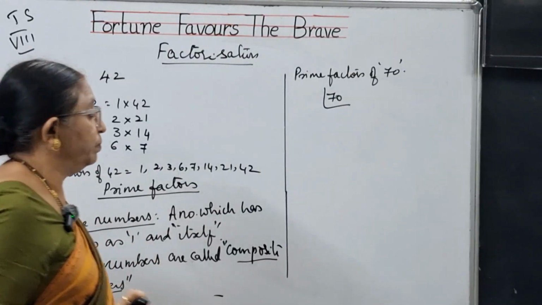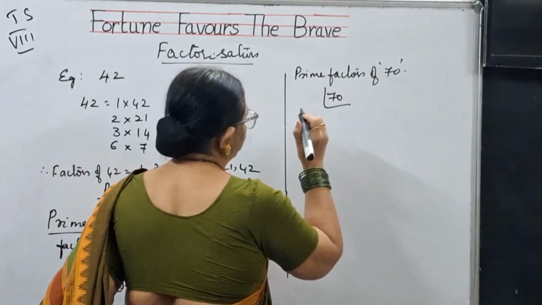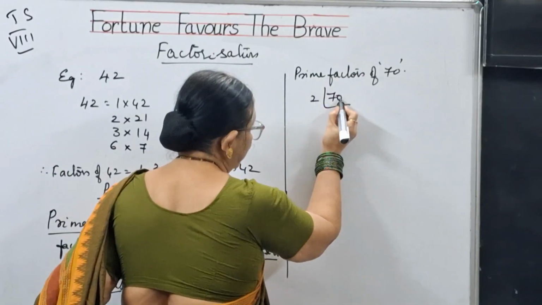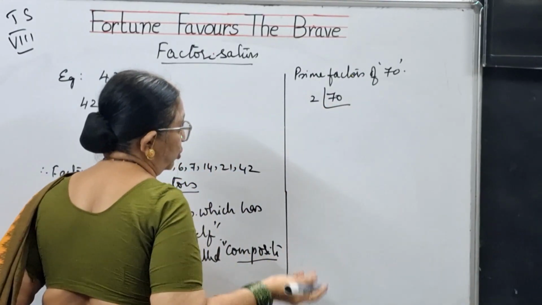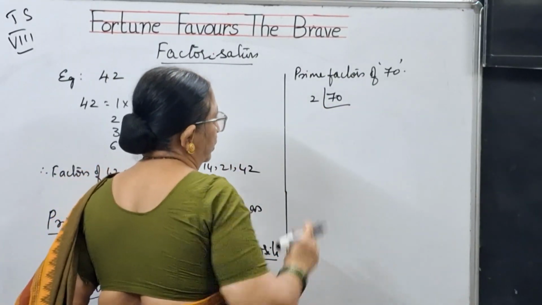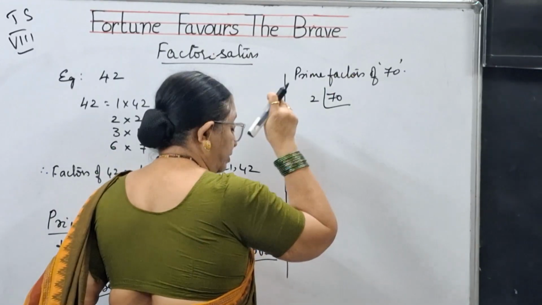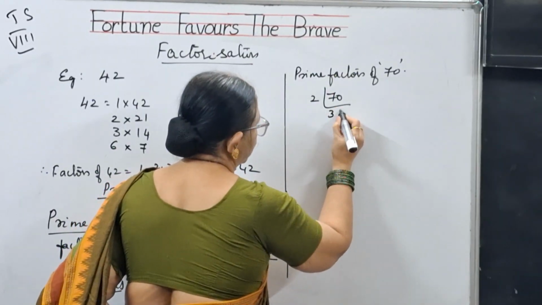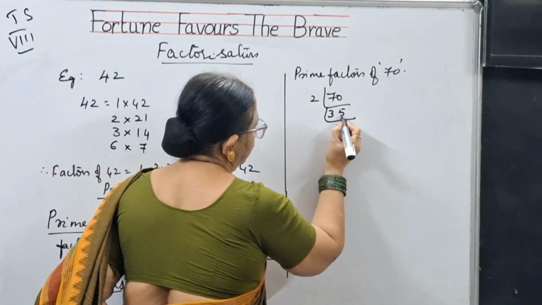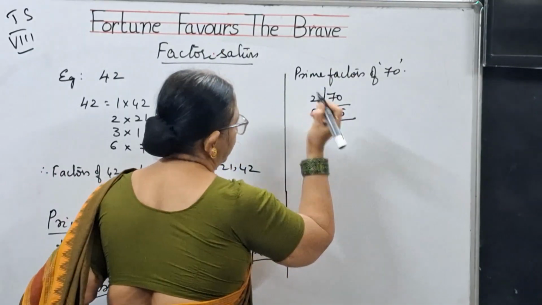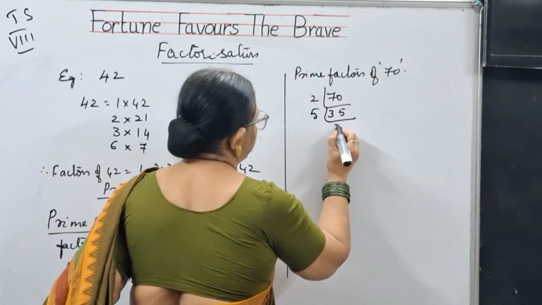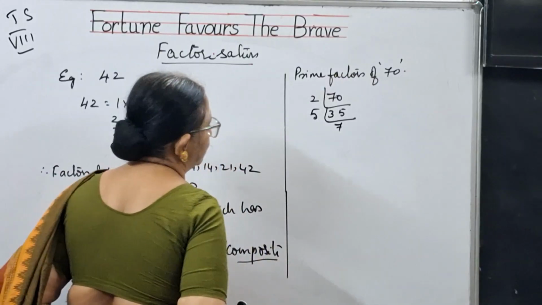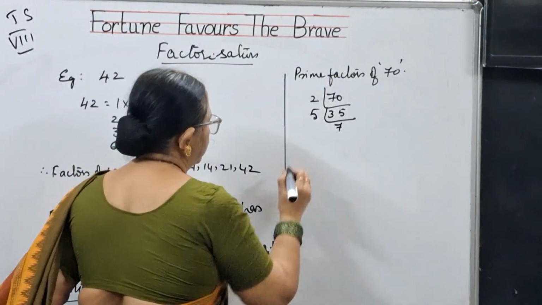So here I am starting with 2 because the units digit is 0, by the divisibility property it can be divided by 2. So 2 threes are 6, 2 fives are 10. Then, units digit 5, means with 5, 5 is also a prime number. 5 sevens are 35. 7 is also a prime number.